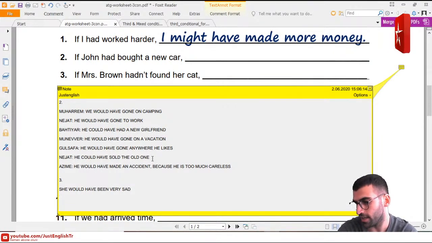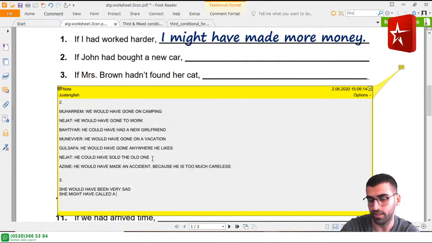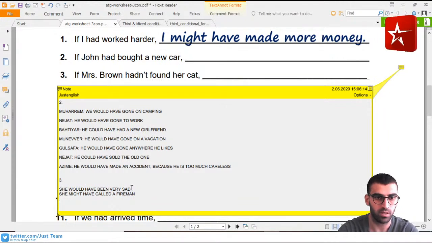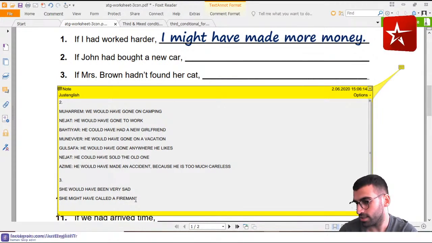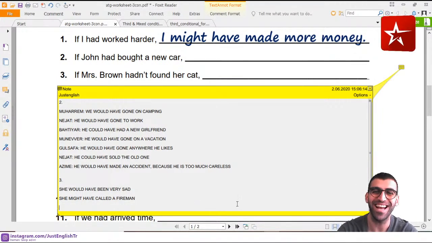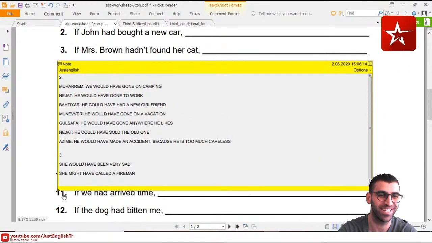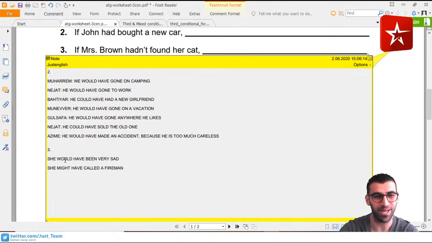Nejat says she might have called firemen. Why firemen? She might have called a fireman. Yes, maybe. Okay, and Bahtiyar says his dog might have been happy. Yes, Bahtiyar is really happy today, and he's in a good mood, writing good comments.